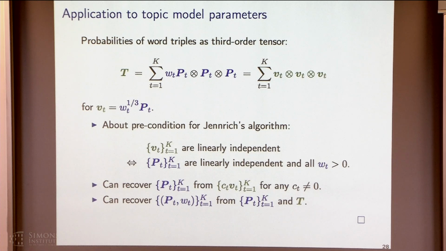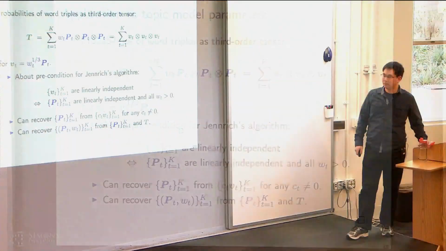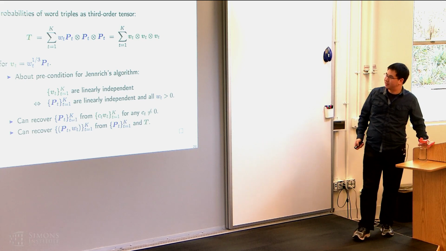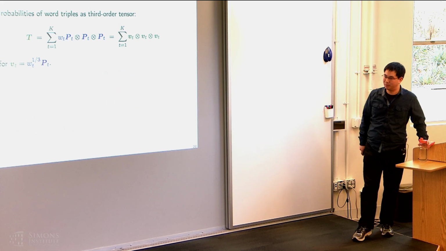How about the uniqueness of this decomposition? Like the example you gave about 2 words, where you had multiple possible decompositions of a rank 2 matrix. Don't you have the same problem here, that when you do the eigendecomposition, you get some decomposition for this tensor, but it may not be the same as what you want? Yeah, but this claim is saying that that's actually not possible.